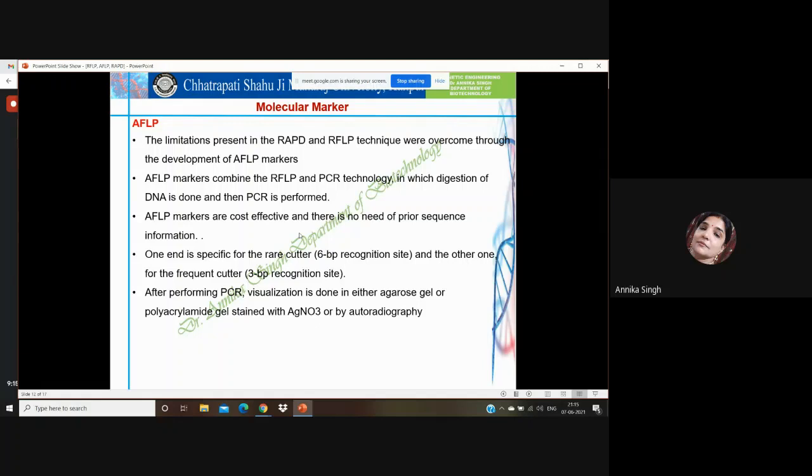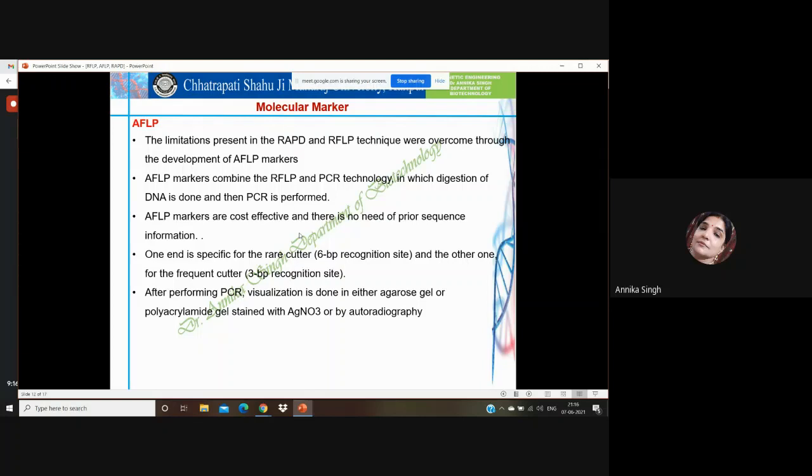The RAPD technique is actually not a very efficient technique, because it needs carefully developed laboratory protocols to be reproducible, and mismatches between the primer and the template may result in the total absence of PCR product, which is actually a usual practice in the laboratory when we go for the RAPD technique.